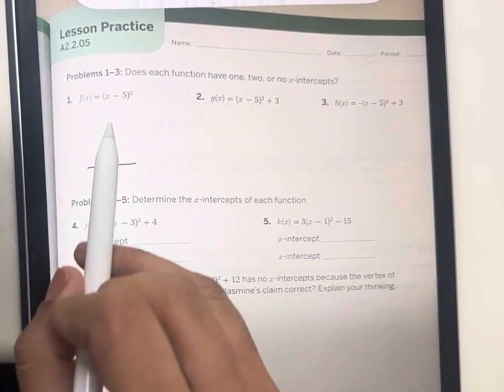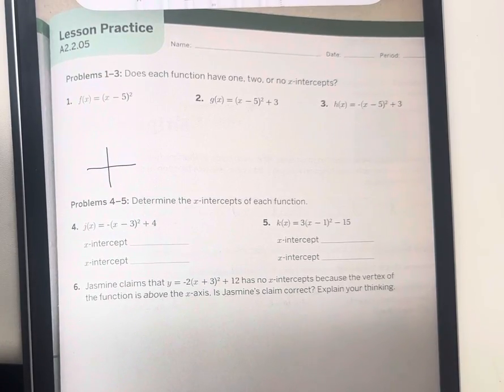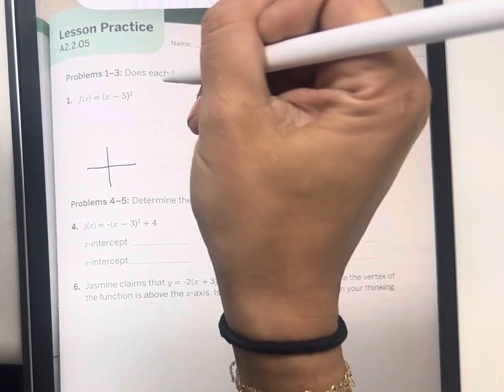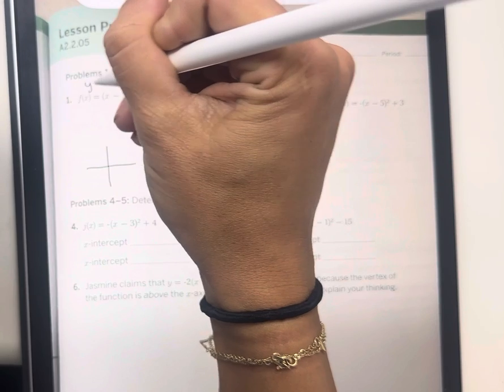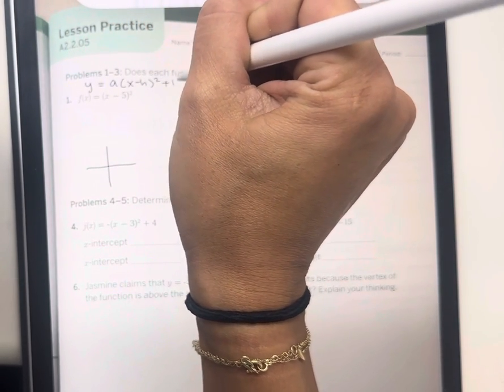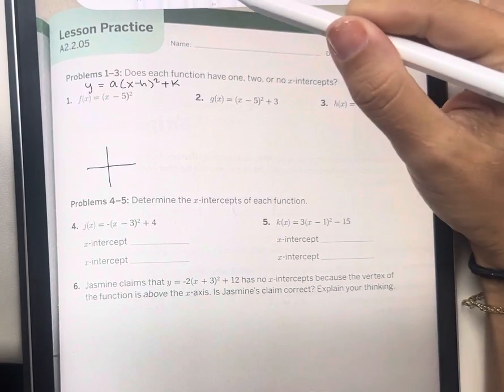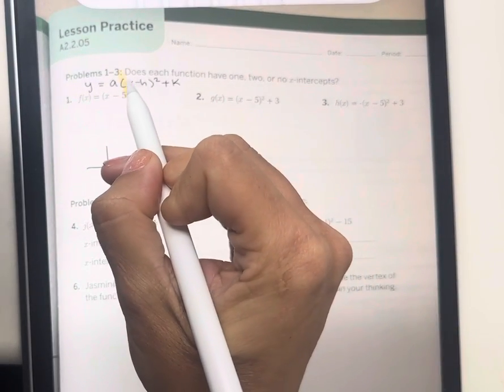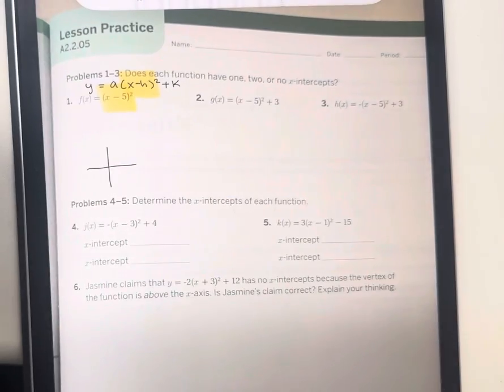What I have here is vertex form, okay? What's the vertex? Okay, this is vertex form. That's vertex form. So looking at it, let's match them up. That part is that part.